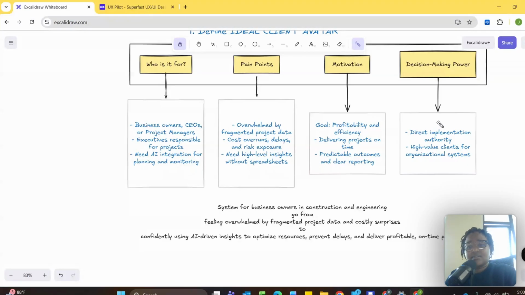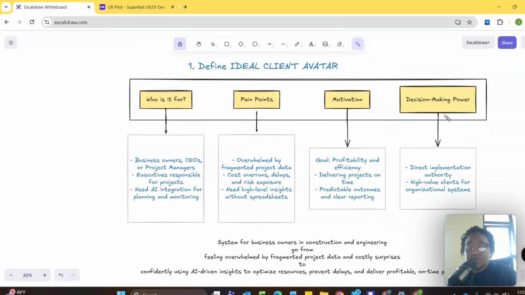And this is very important because if you analyzed who is my client, what are the pain points, what is the motivation, and later discovered that the client does not have the power to decide whether the system is implemented, or even high level decisions, it's still a good state because they can direct you to the person who has decision making power, or refer you to another small business who would also use the system.